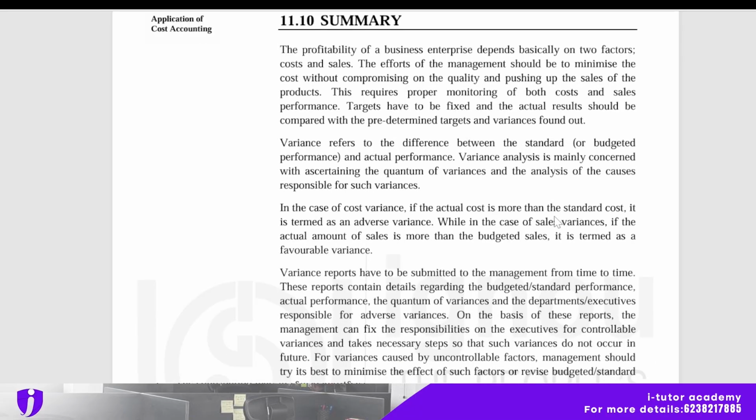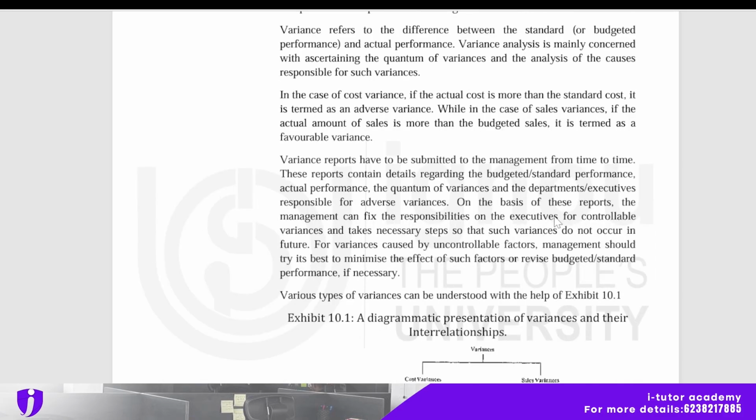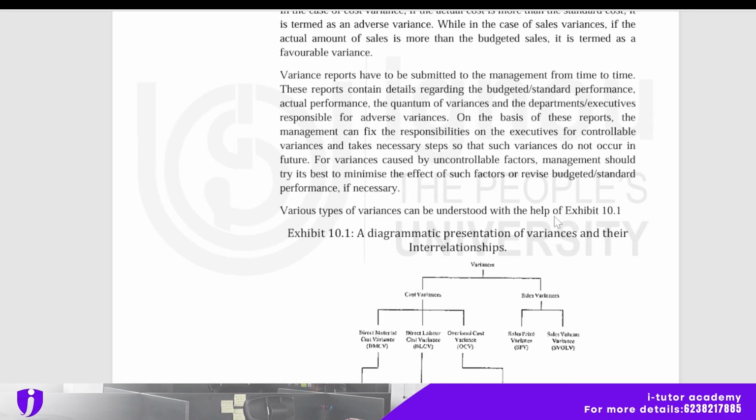And the summary of this chapter: the profitability of a business enterprise depends basically on 2 factors, cost and sales. The effort of the management should be to minimize the cost without compromising on the quality and to push up the sales of the product. This requires proper monitoring of both cost and sales performance. Targets have to be fixed and the actual result should be compared with the predetermined target and variance found out, and the variance report has to be submitted to the management from time to time.